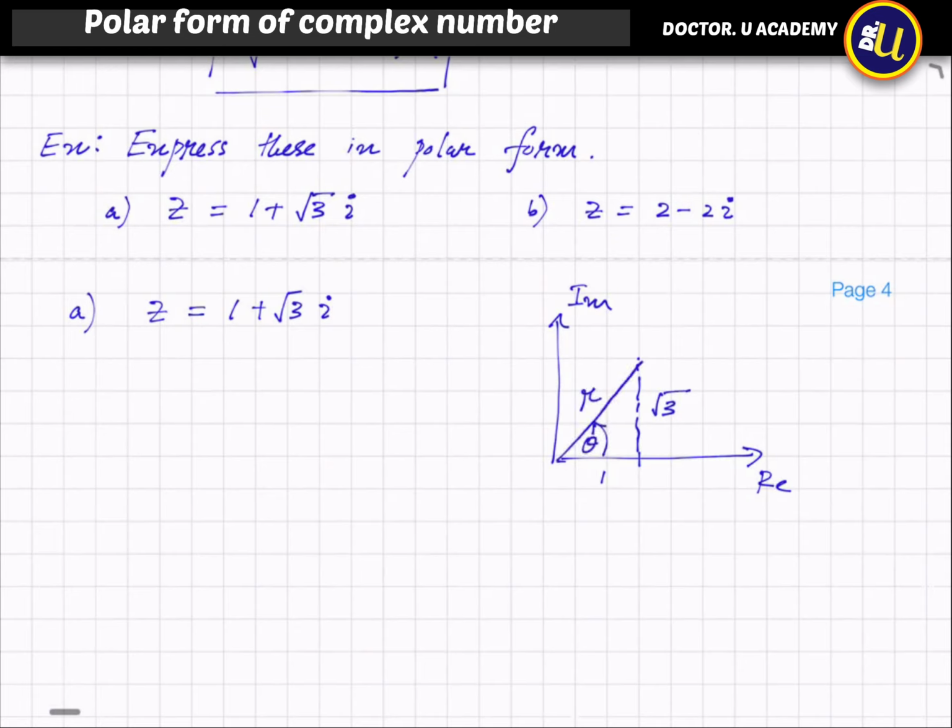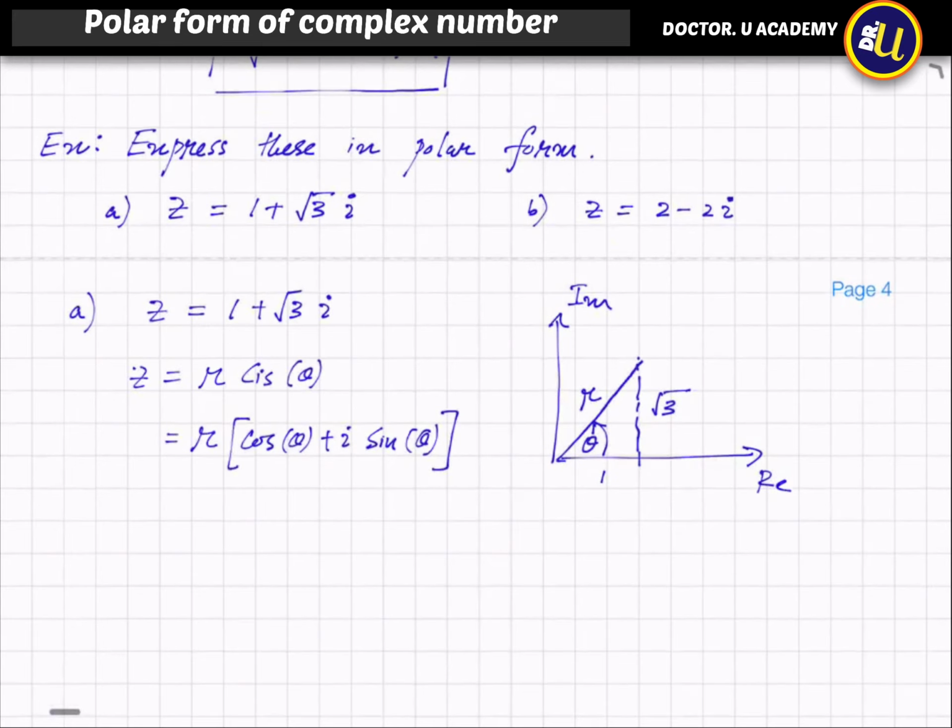So now we know z can be written as r cis theta. So that would be r times cos theta plus i sin theta, right? So we have to find what theta is. Now from this diagram you can see r is equal to 2 from the Pythagoras theorem. And sin theta is square root 3 divided by 2.